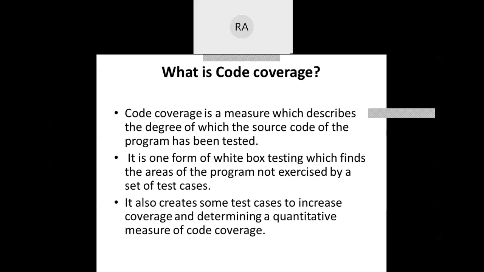And I can come up with certain quantitative measures with respect to code coverage. Thereby you have confidence in how much you have tested a particular software, because you have a numerical measure with you.